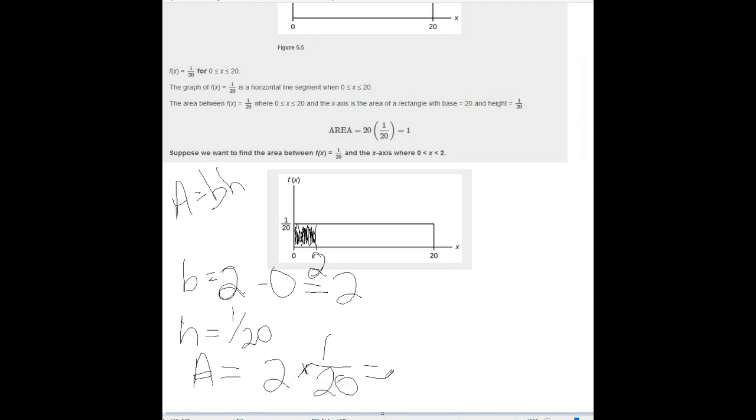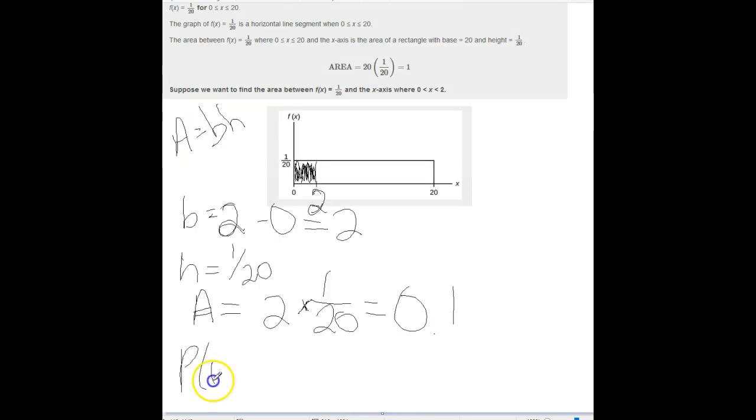Put that in your calculator, and we will get 0.1. So the area corresponds to a probability, and the probability that x is between 0 and 2 is 0.1. So we would rewrite this as probability of x between 0 and 2 is 0.1.